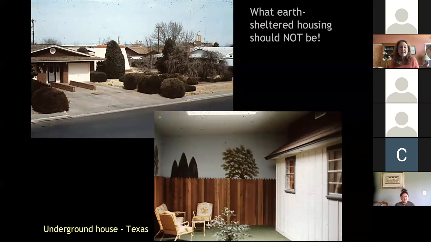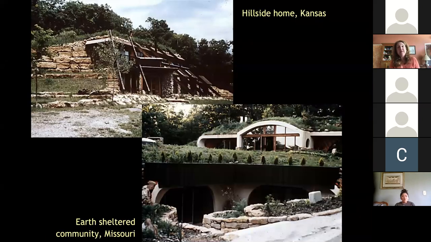We'll paint these murals, we'll put in a picket fence, we'll put in lawn furniture outside, and it's really pretty ridiculous. And the reality is that most earth-sheltered buildings can have as much glazing area as an above-ground building. It's just focused and concentrated.